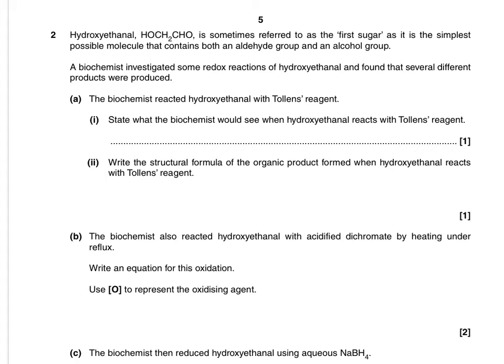So part A, the biochemist reacted hydroxyethanol with Tollens reagent. Now Tollens reagent is used to test for the aldehyde group, and when it reacts it produces a silver mirror. So that's what the biochemist would see.